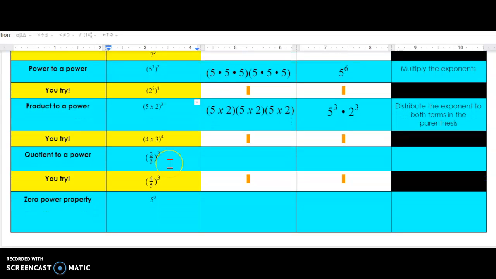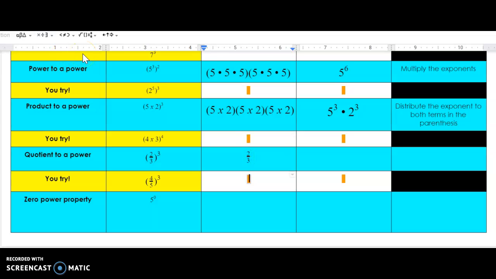Alright, next is a quotient to a power. So this is 2/3 to the third power. So there's a couple different ways I could show this. I'm just going to show it as a fraction. Actually, I can just copy and paste. Okay, so we're going to have 2/3 times, oh, that's not what I want.